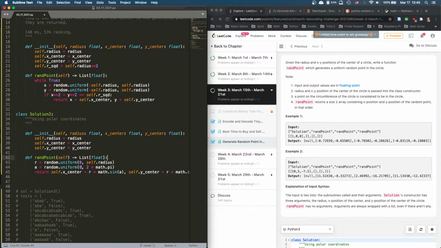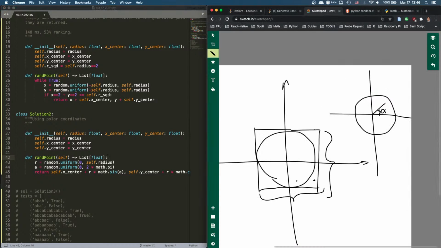So basically, we're saying at any angle, we have a uniform distribution of points along the radius. That's what we're saying, right? At any given angle, we have uniform distribution. So how is that not correct?